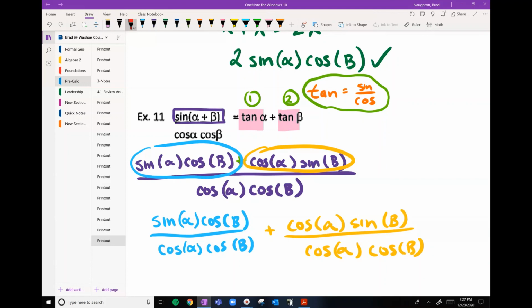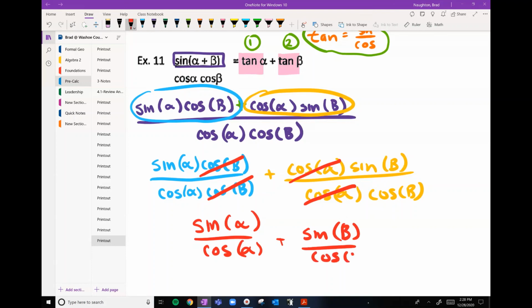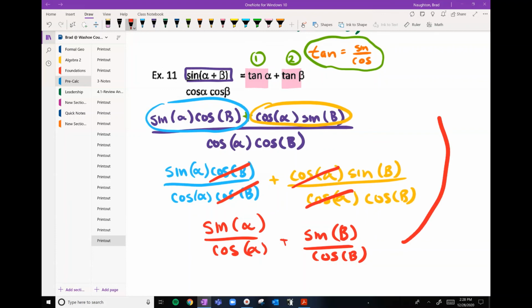Always a huge fan of seeing stuff cancel out like you've seen in the other videos before. If I see a cosine beta and cosine beta and a cosine alpha and a cosine alpha, bye Felicia. Sine alpha over cosine alpha plus sine beta over cosine beta. Oh, it's like a holiday present right here.